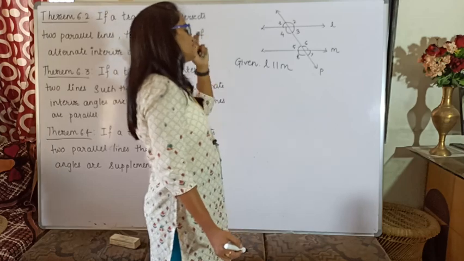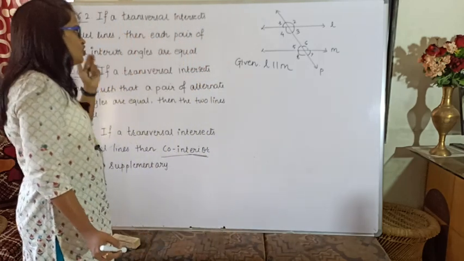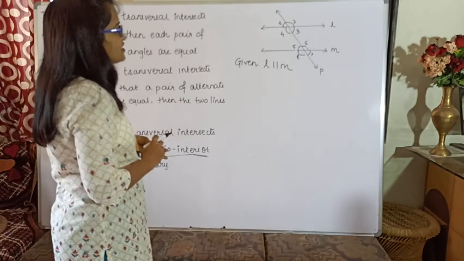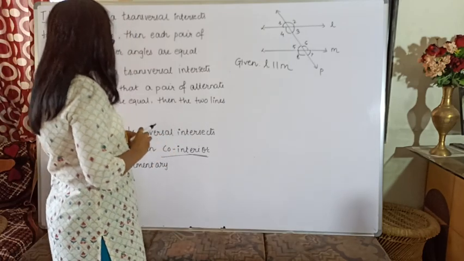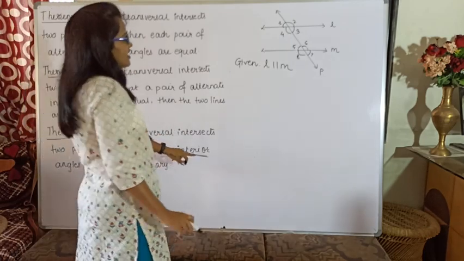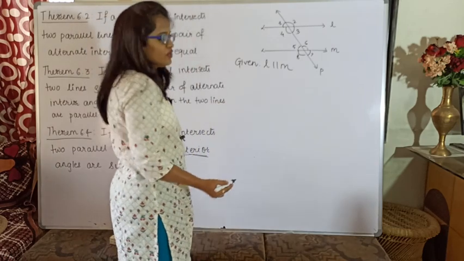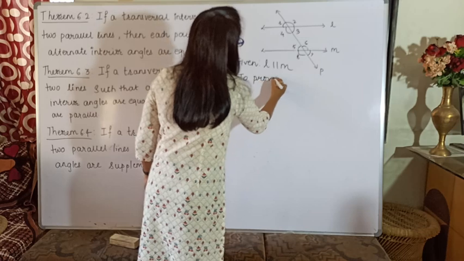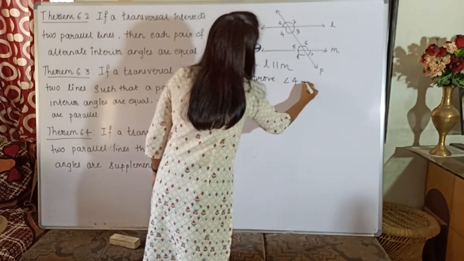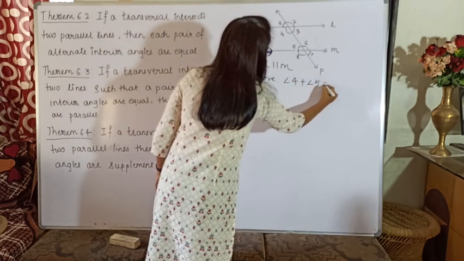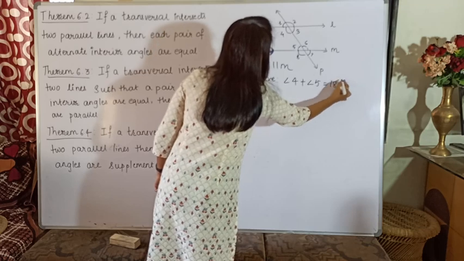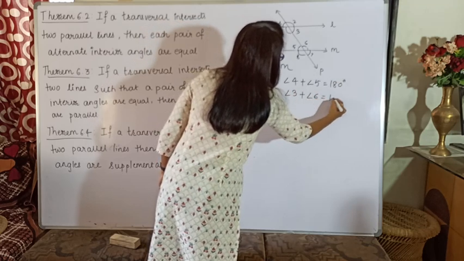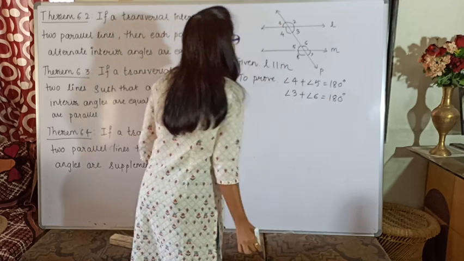So you have to prove that if a transversal is intersecting two parallel lines, then the co-interior angles are supplementary, not equal, supplementary. So your to prove would be showing angle 4 plus angle 5 equal to 180 degrees, or angle 3 plus angle 6 equal to 180. They will not be equal, but they will be supplementary.